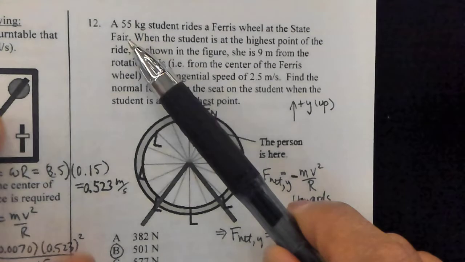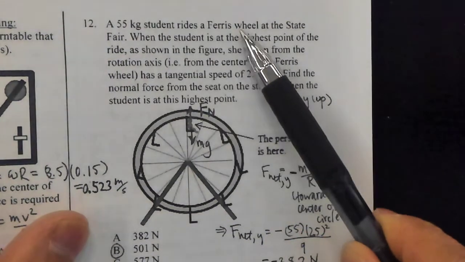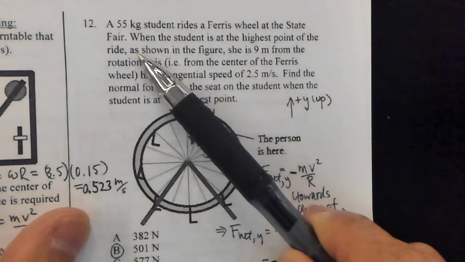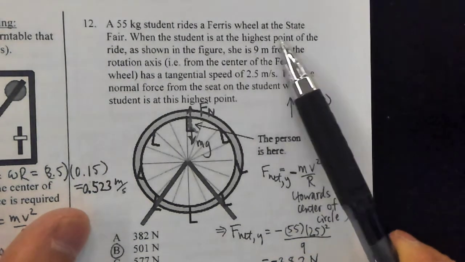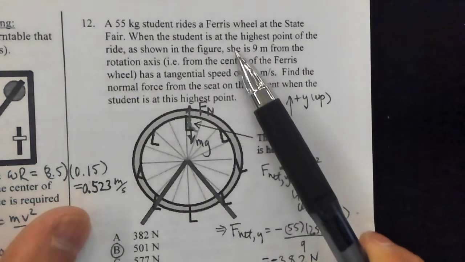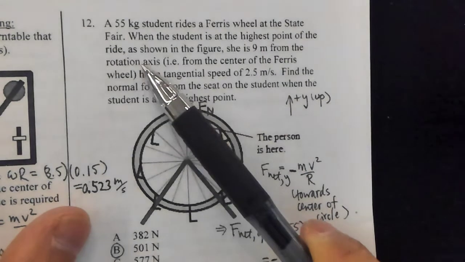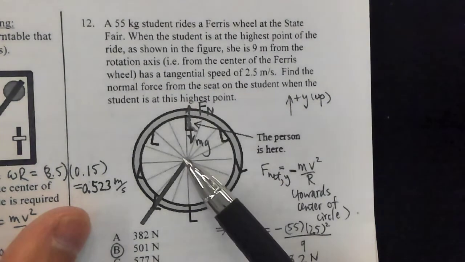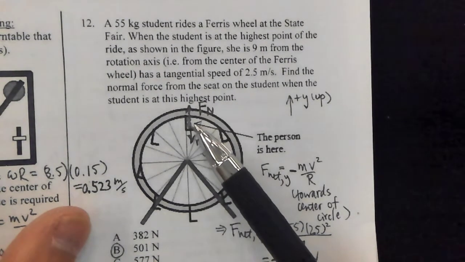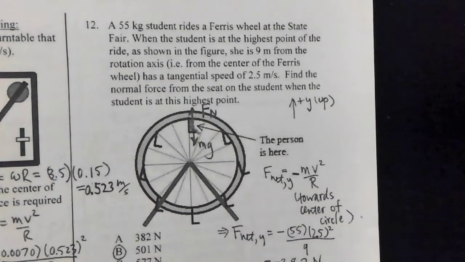So, a 55 kilogram student rides a Ferris wheel at the state fair. When the student is at the highest point of the ride as shown in the figure, she is 9 meters from the rotation axis, from the center of the Ferris wheel. Okay, she's sitting here. And by the way, you don't go upside down on the Ferris wheel. It's one of these slower things where the seat always remains upright, it's for your mom and dad.